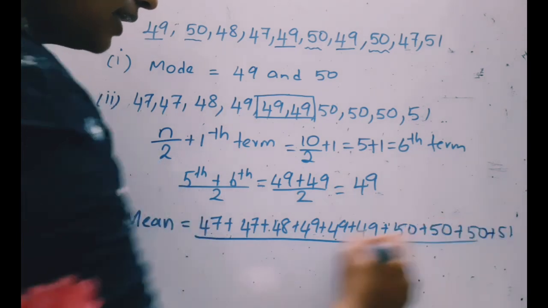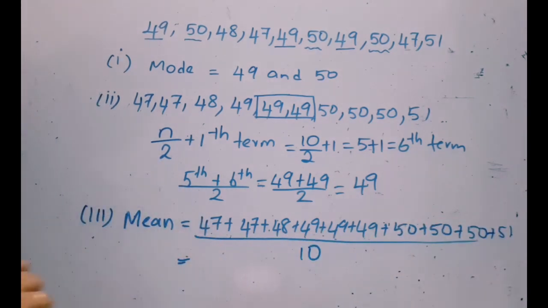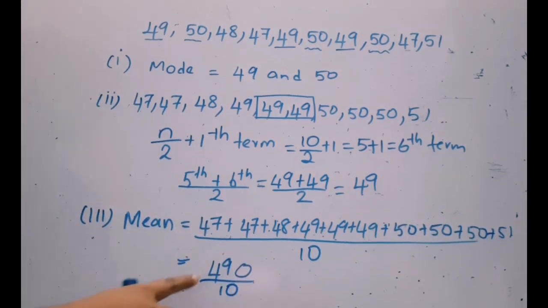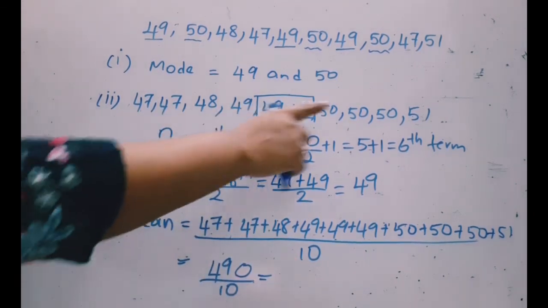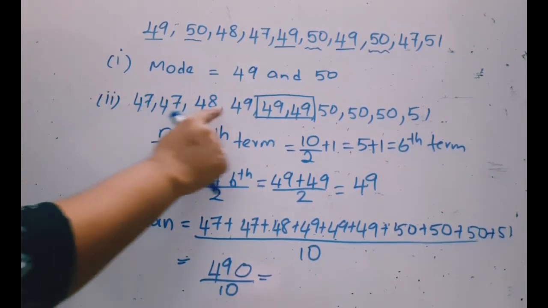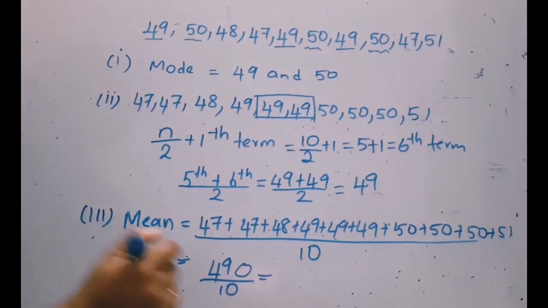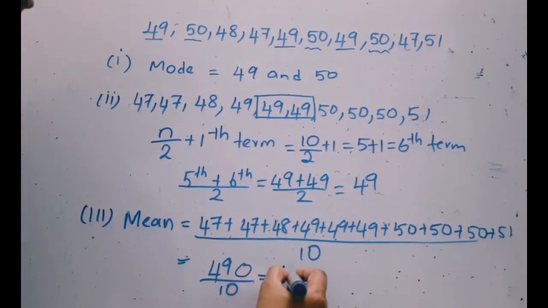And then divide it by 10. So when you add everything, it is 490, then divided by 10. 10 is the number of data in this collection. So here we do have 10 numbers in here. So 490 divided by 10 is going to be 49.